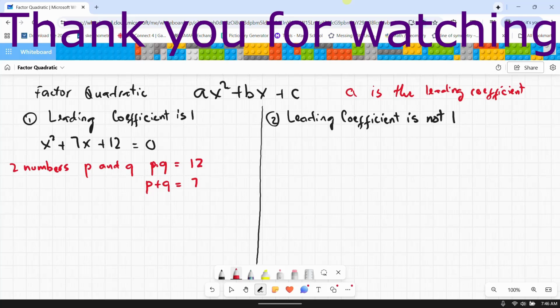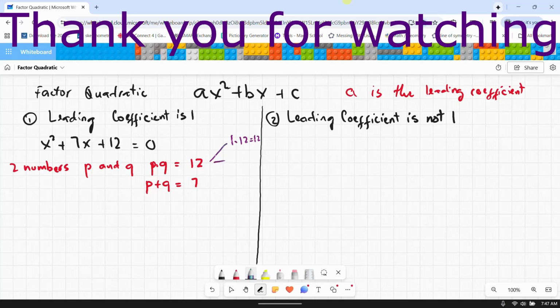So that's the trick. Now let's start with the 12 first. Let's factor 12 to see what combinations of P and Q multiply to 12, and then we're going to pick the one that adds together to get 7. 1 times 12 is equal to 12.